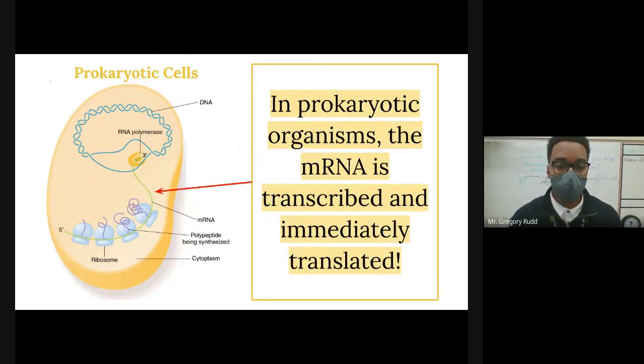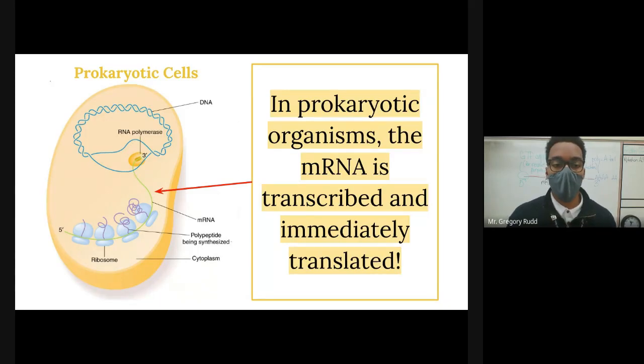One more thing, and I do want you to write this down. The reason why there is no mRNA processing taking place in prokaryotic cells is because the mRNA is immediately translated as soon as it is transcribed.